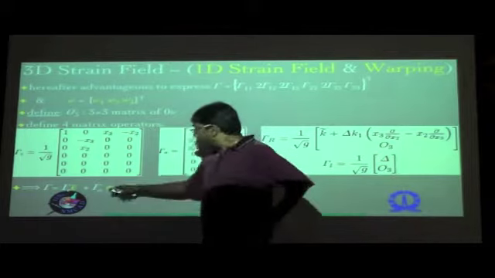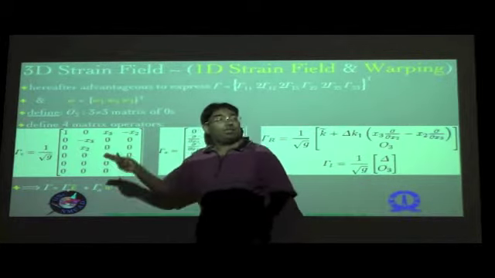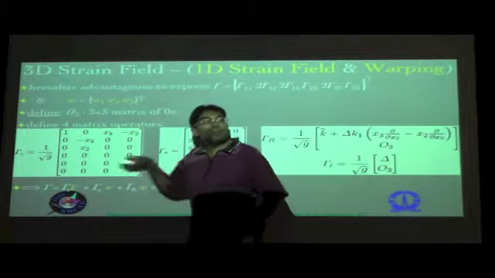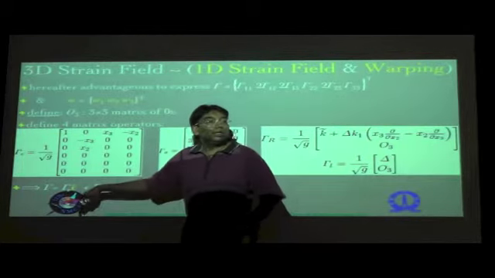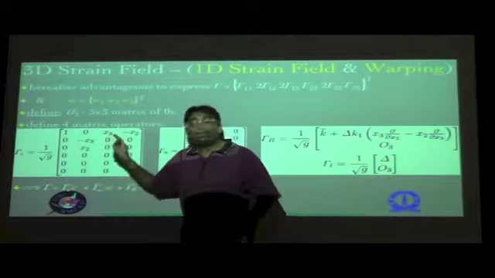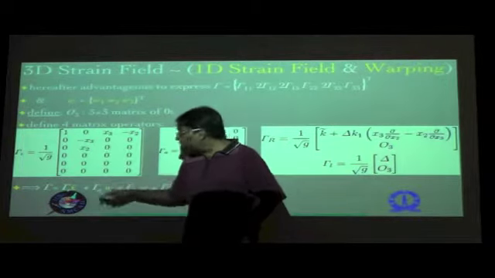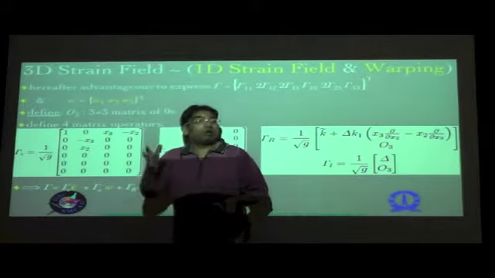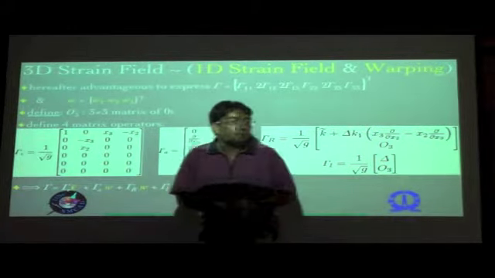But as I said, eventually all these W's would be solved in terms of the epsilon bars, so they are indirect contributions from the extension, twist and curvature coming through the warping, how the cross section deforms, changes its shape and size.